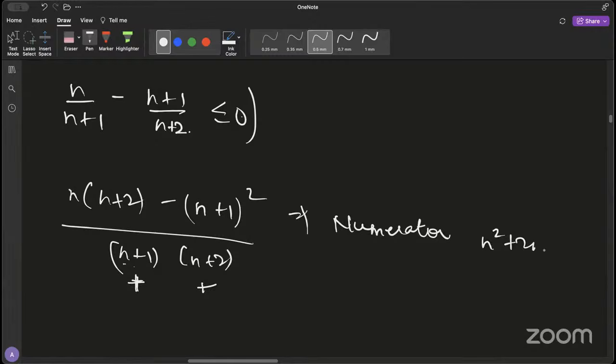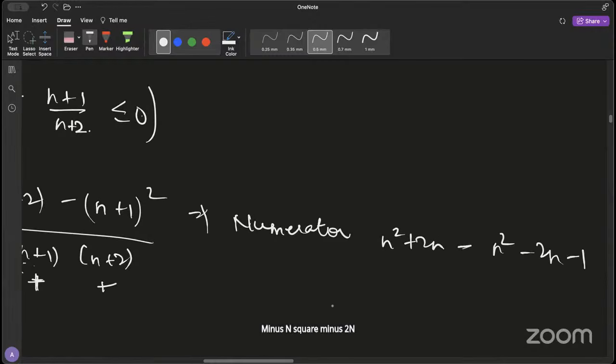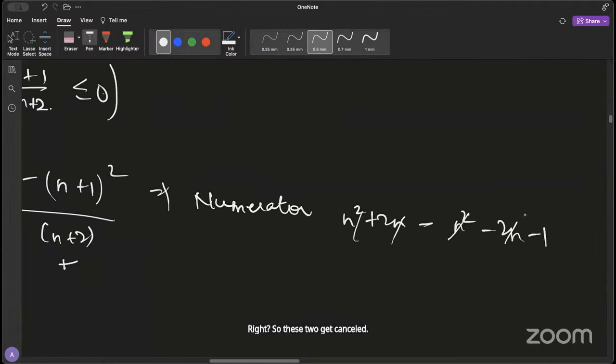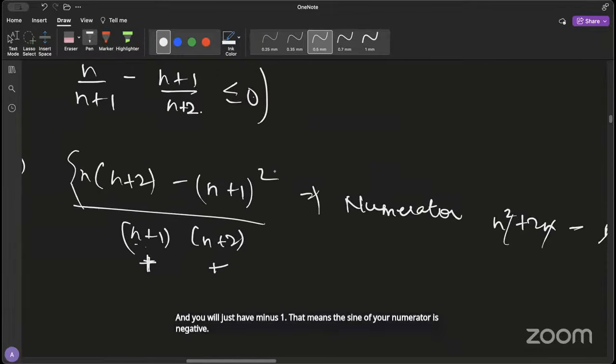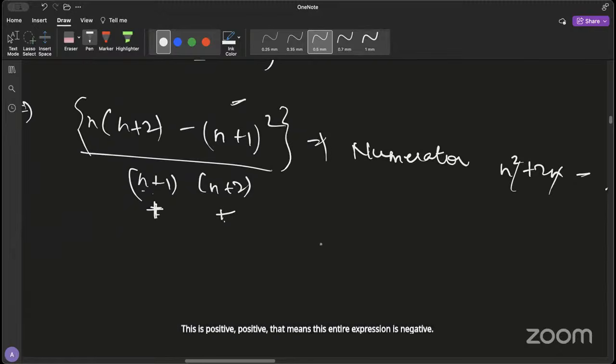So your numerator is n squared plus 2n minus n squared minus 2n minus 1, right? So these two get cancelled and you will just have minus 1. That means the sign of your numerator is negative. Your numerator is negative, this is positive, positive. That means this entire expression is negative, right?